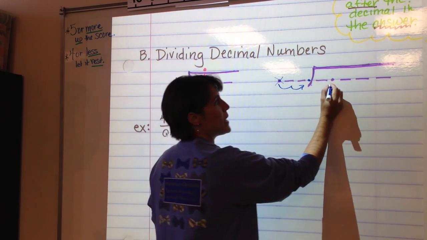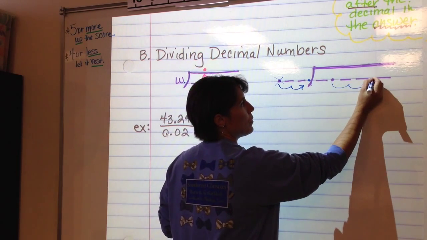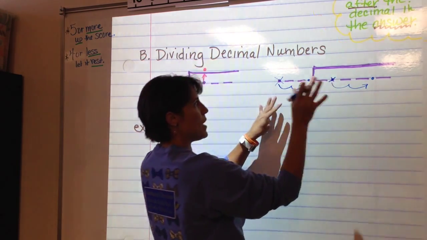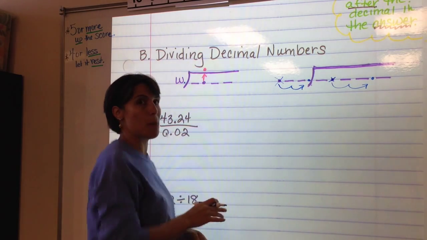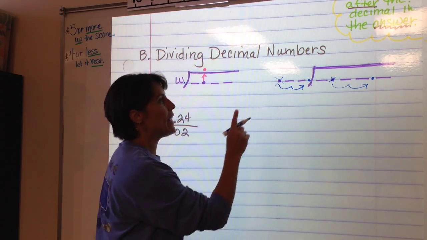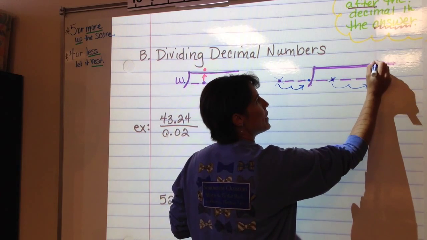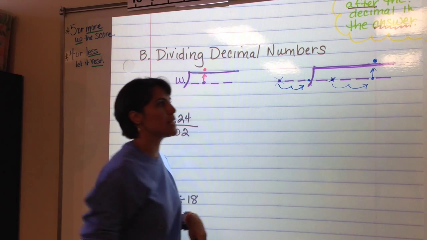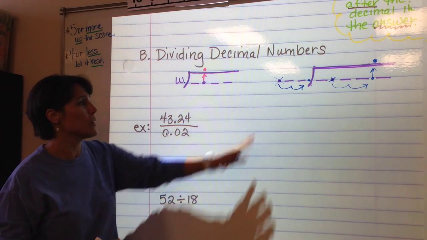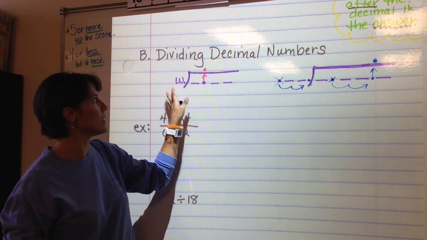Two must match two, keeping the division problem proportionate. Then you bring the decimal straight up into the answer where it belongs in its place value, and you divide like normal.